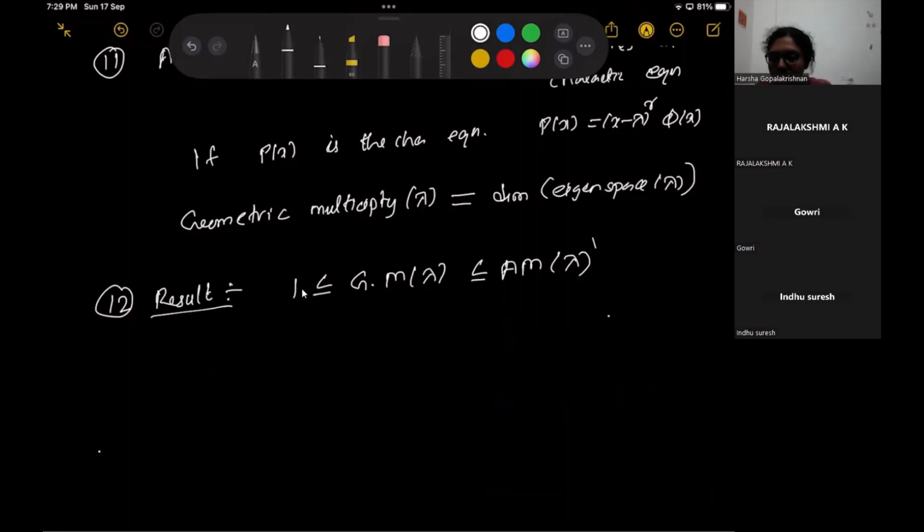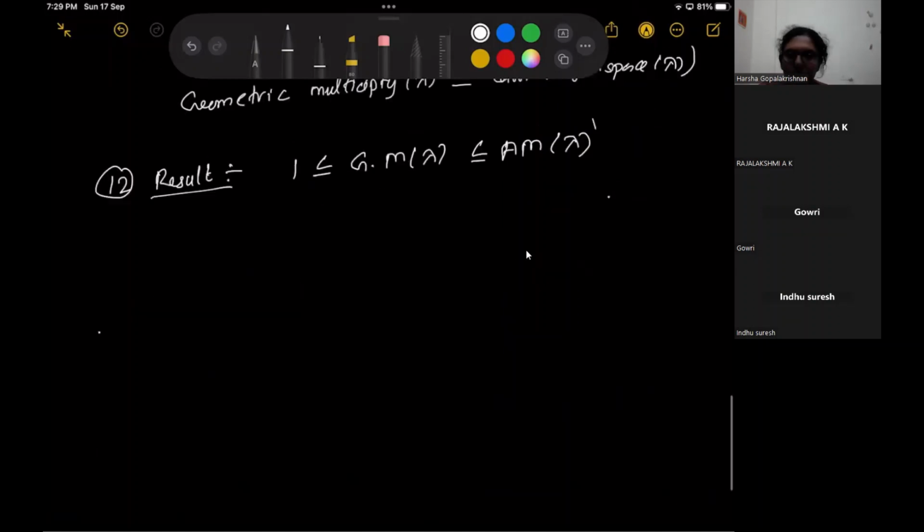It is bounded below by 1 and above by the algebraic multiplicity of lambda. Now, in any case, if you are getting algebraic multiplicity as 1, we can conclude geometric multiplicity is also 1 using this result.